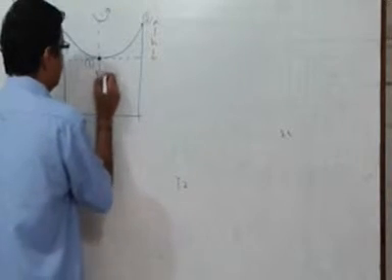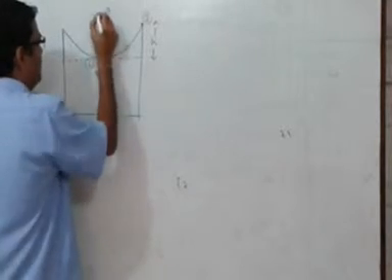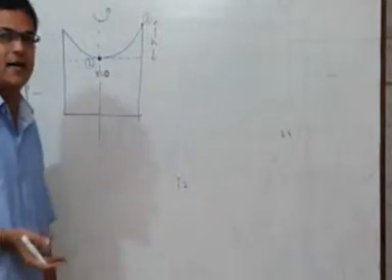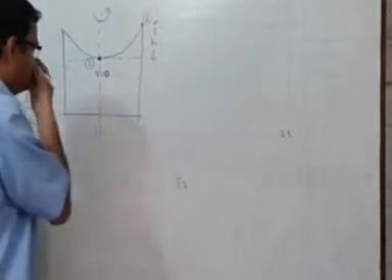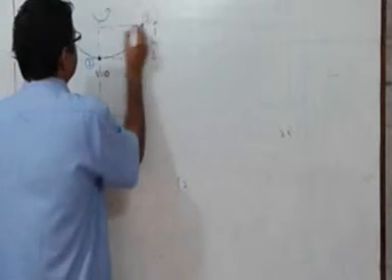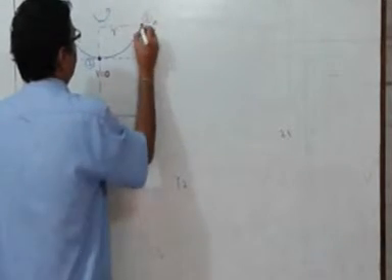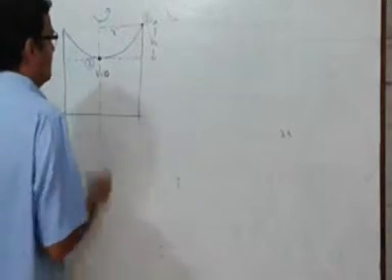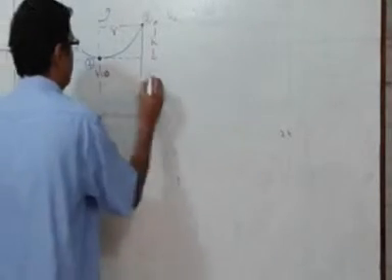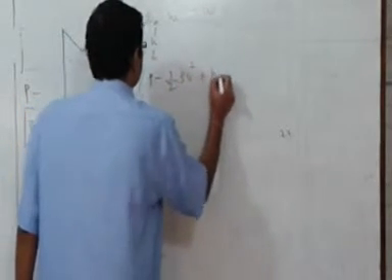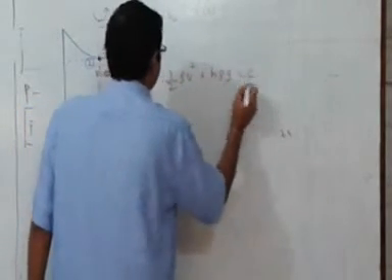Here the velocity is 0 because the point is on the axis. Obviously if you apply the equation V equal to R omega, there is no R, so V is 0. At this particular point, the velocity, since this is R, is given by R omega. So let us apply P minus half rho V square plus H rho G is equal to constant.